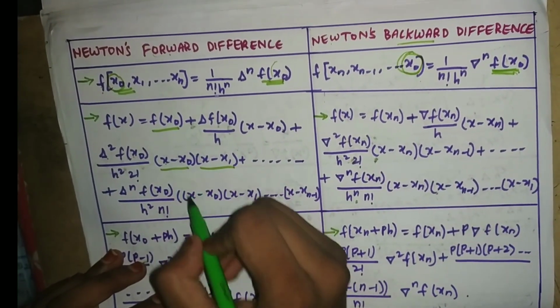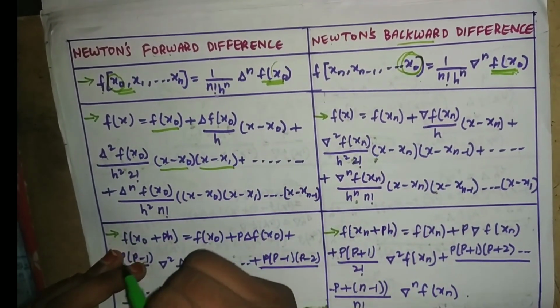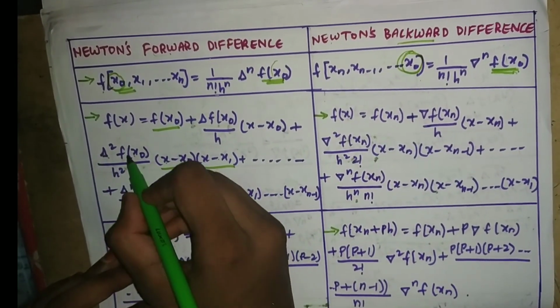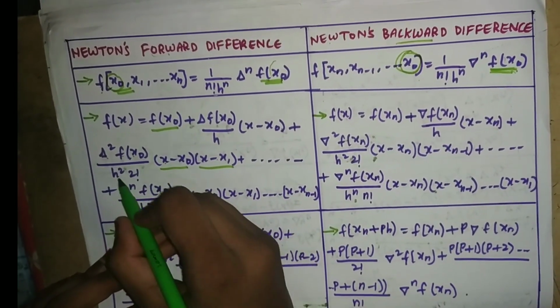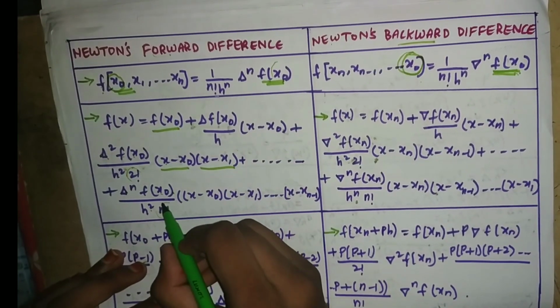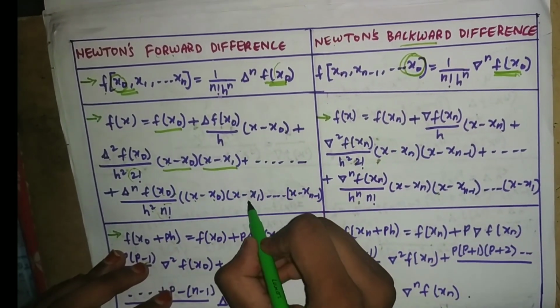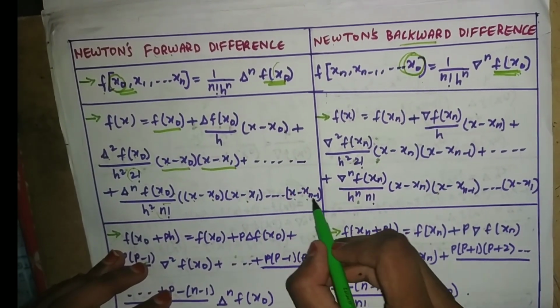That means (x minus x0)(x minus x1) plus so on. And the nth term: del power n f of x0 by h power n, n factorial, since this is the nth term, (x minus x0)(x minus x1) and so on up till (x minus xn minus 1).